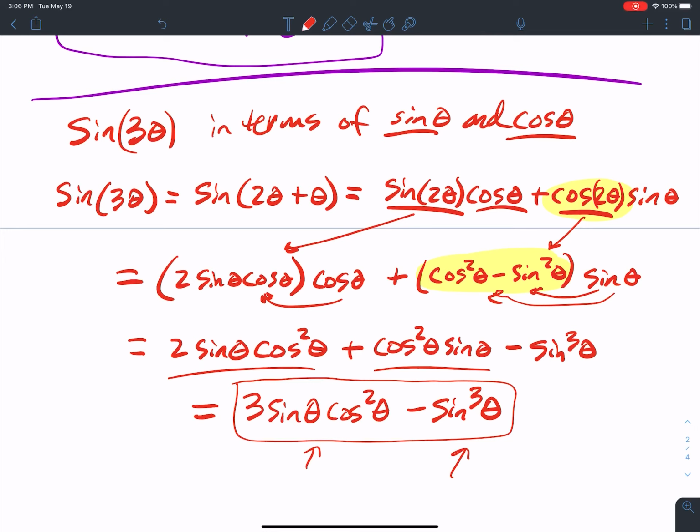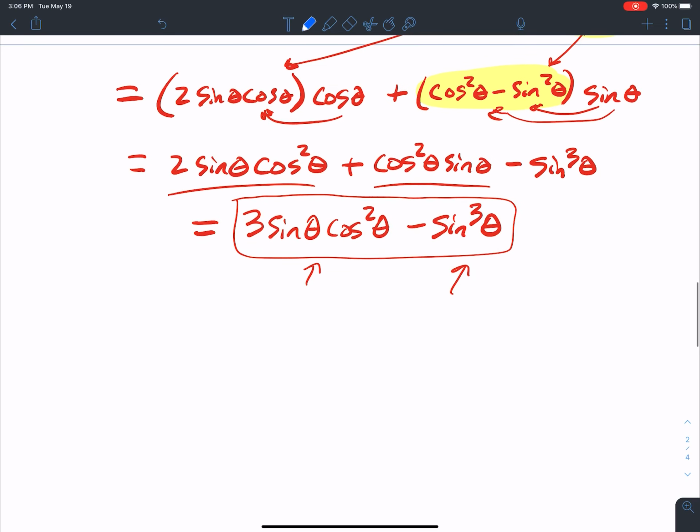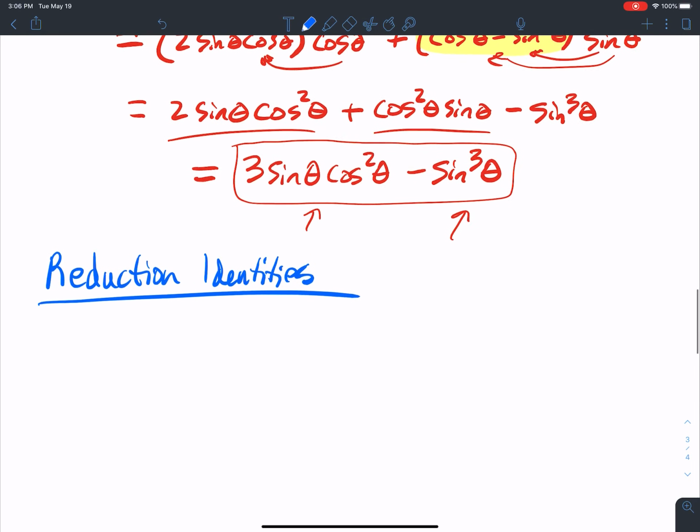Rearranging the double angle formula leads to additional formulas that could be useful for you. These are called the reduction identities. These are very important for Cal 2. So how does this work?